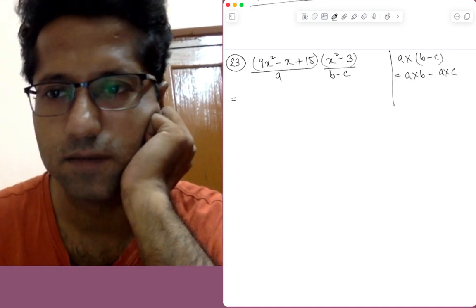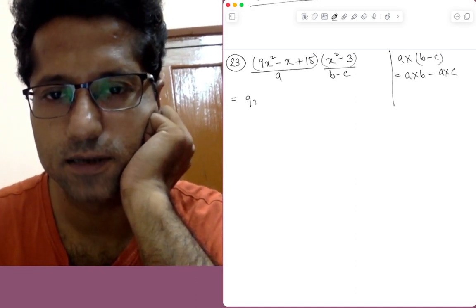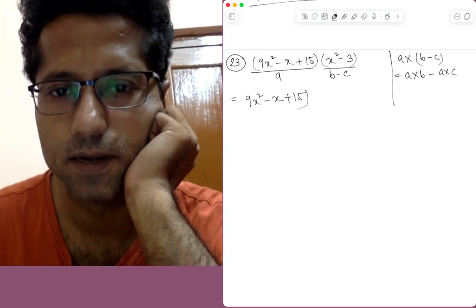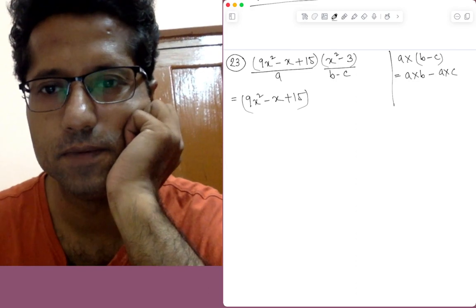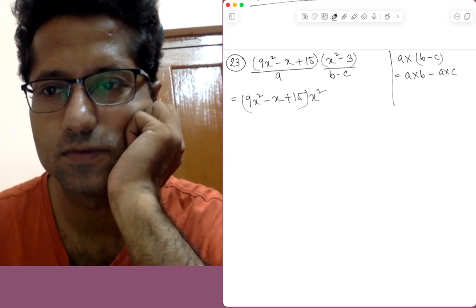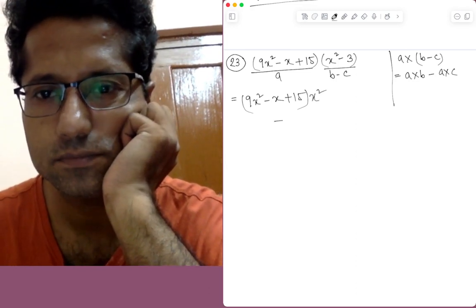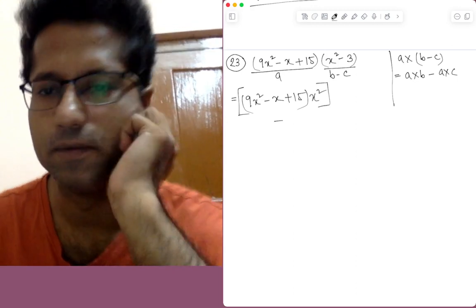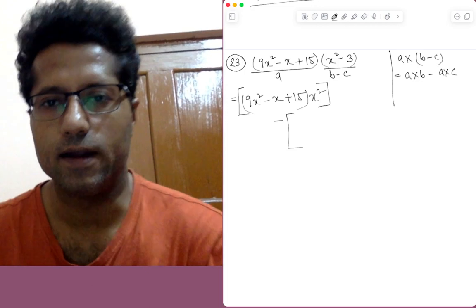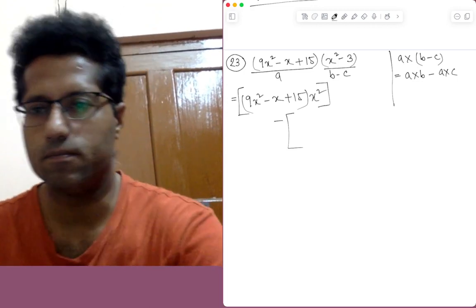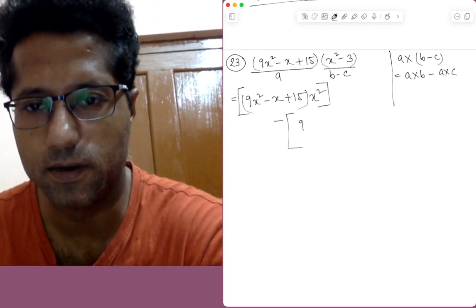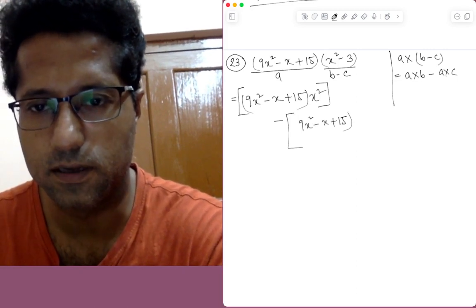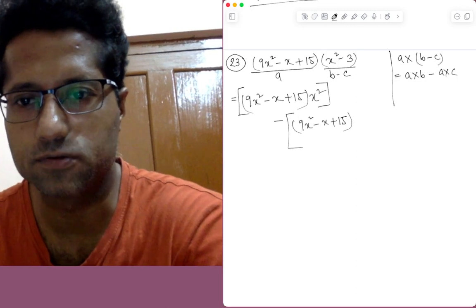So A multiplied by B is 9x square minus x plus 15 multiplied by B. B is x square, and then we have minus. It's better to use grouping symbols for better readability, and then we have to do a product of C, that is the trinomial multiplied by C, and C in this problem is 3.